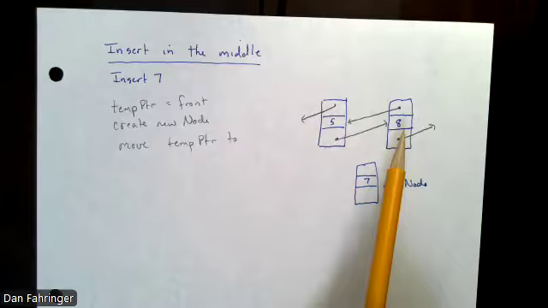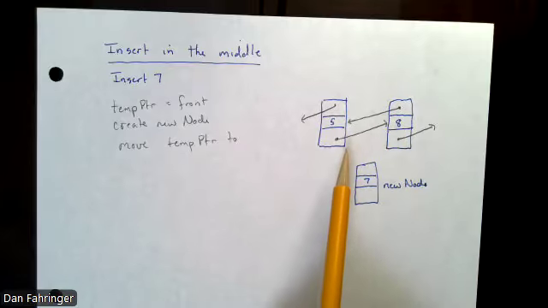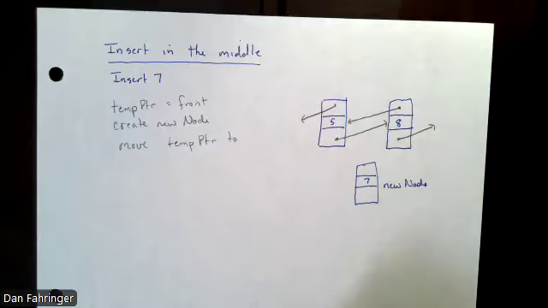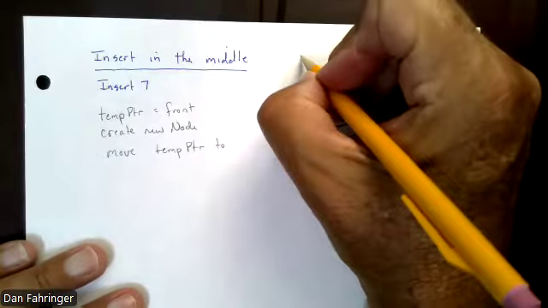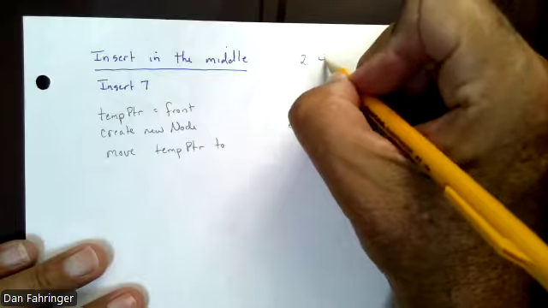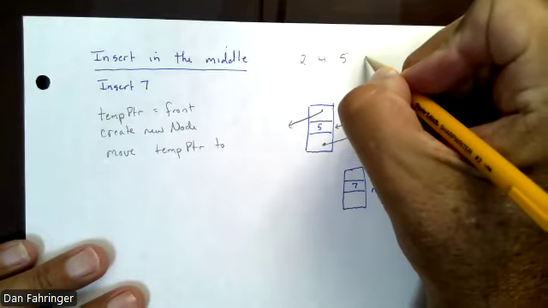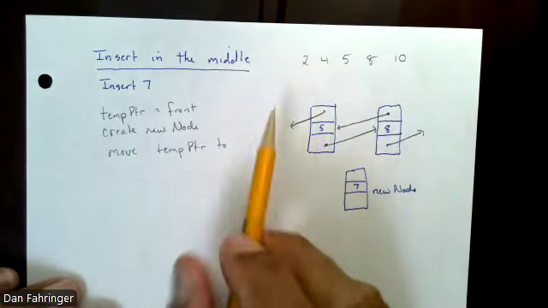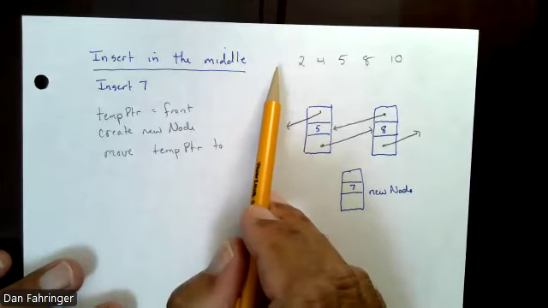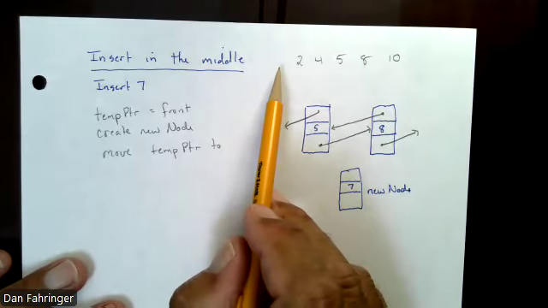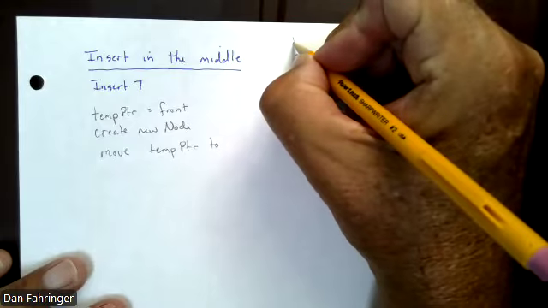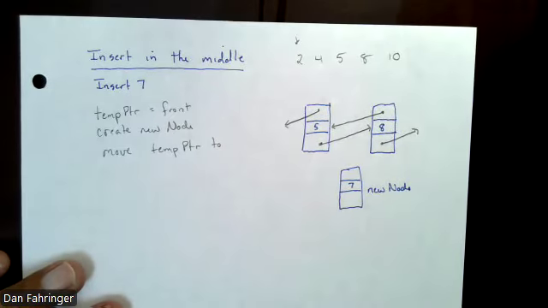If you're checking the previous node, which would be 5, before you advance temp pointer, because we did something like this when it was a singly linked list, you compare the value of the active node, the 5, to the new node. 5 is less than 7, so it's not greater than 7. So you move temp pointer to next, and then you check 8, which is greater than 7, so you would insert it there.